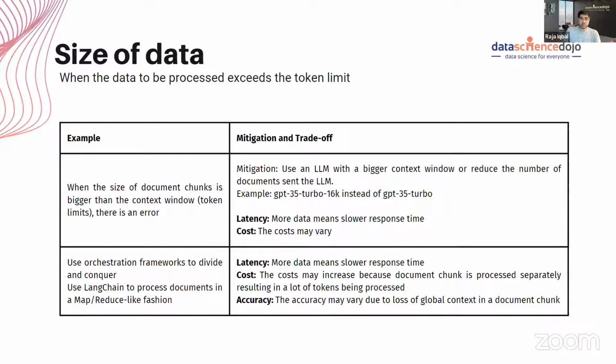But now you're sending more data, and more data means slower response time, right? The cost may increase, and the accuracy may actually go down, because when you break the documents down into multiple inference jobs and then combine those inferences, sometimes the global context may be lost in that divide and conquer approach.